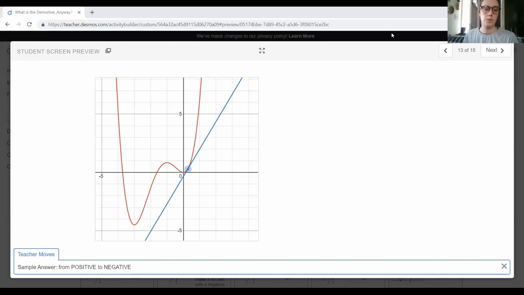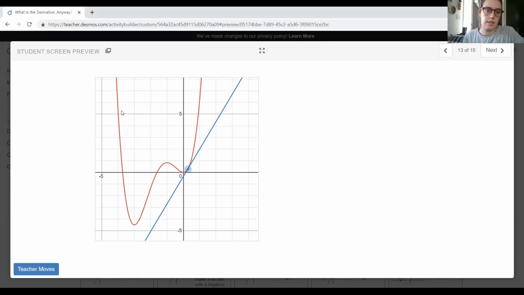All right, so now what I want us to talk about is something different, and I just want to use this same activity so I can borrow the function and tangent line stuff. I want to move things around. So I'm going to just kind of move that off to the side a bit.